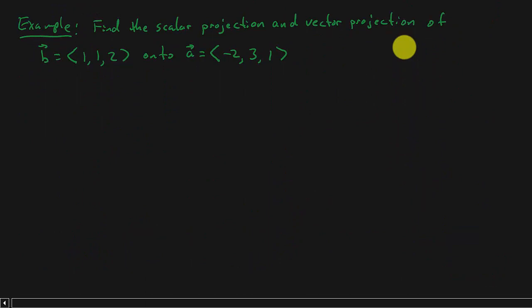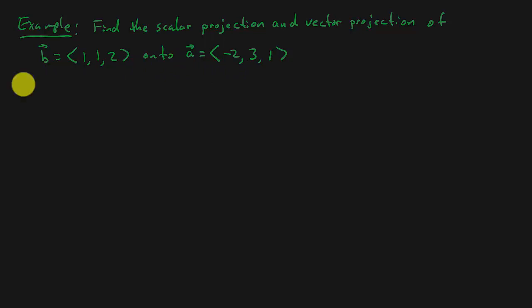All right, so find the scalar projection and vector projection of B onto A. Okay, let's write our formulas down.